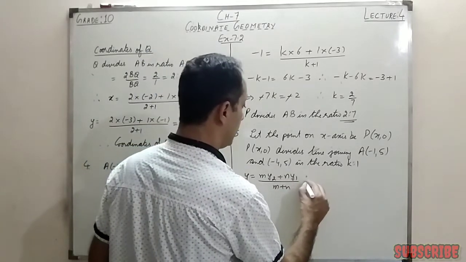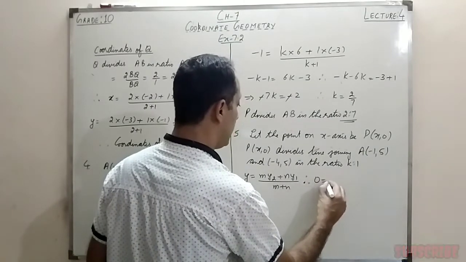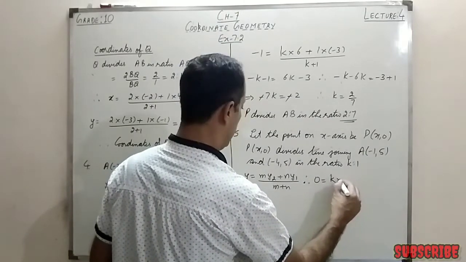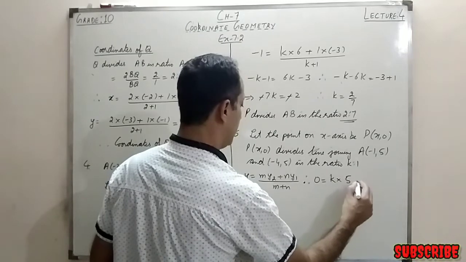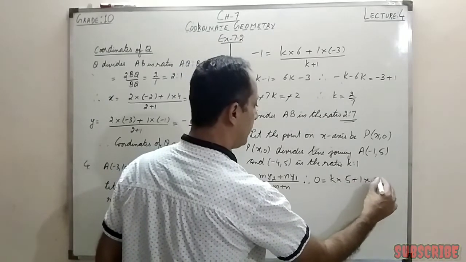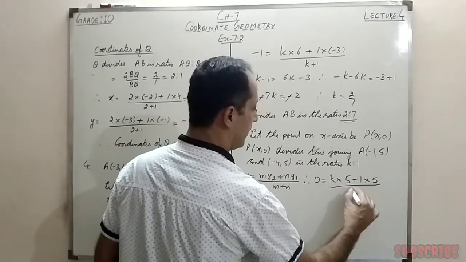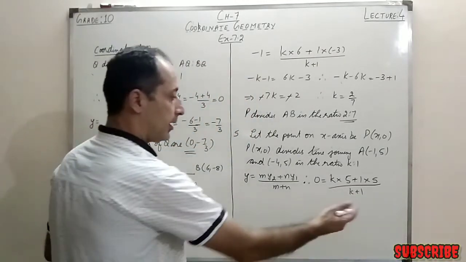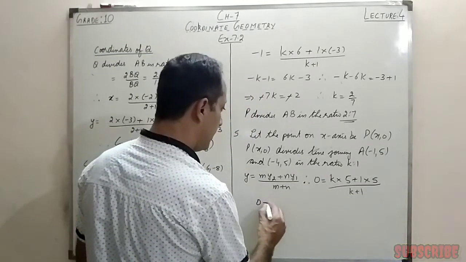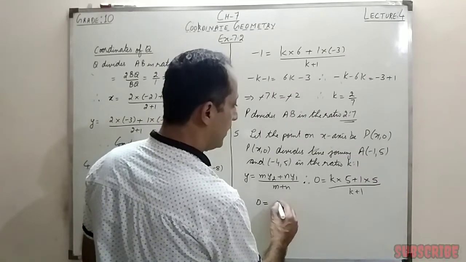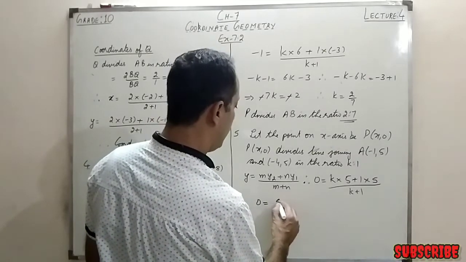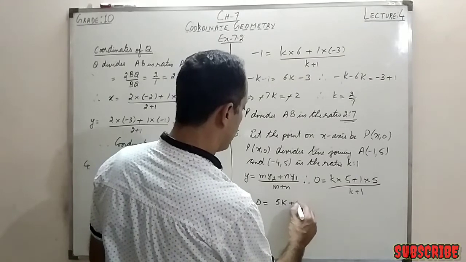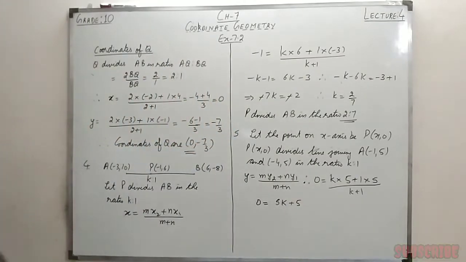Now this is 0 is equal to k into 5 plus 1 into 5 upon k plus 1. Now if we cross multiply k plus 1 this side, I get 0 equals to 5k plus 5, right?